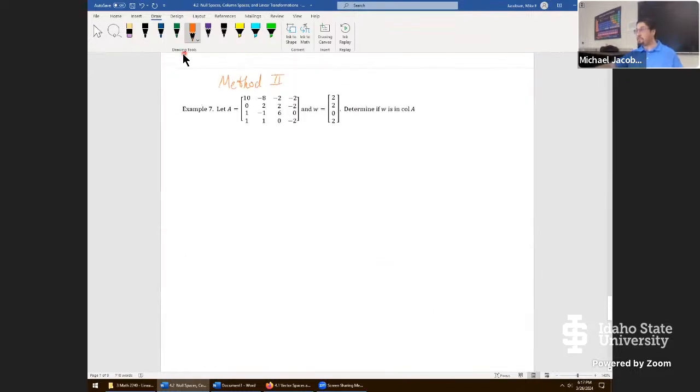Okay, so now for method 2, if we have something that just doesn't look anything special with the columns here and the vector in question, this is what we must say. w is in the column space of A if and only if A times x equals w is consistent. So this turns into now a chapter 1 style problem.